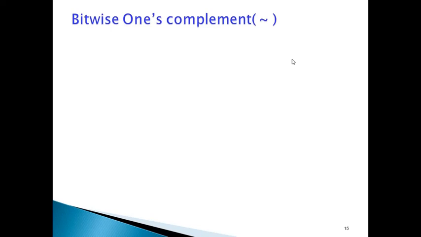Now we will see bitwise ones complement. Before going to the ones complement, you must know what the ones complement is. To perform a ones complement, we require only one operand.